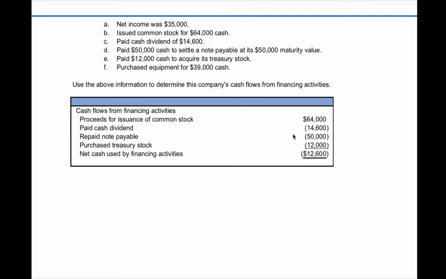Then when we sum all those up, just like you saw in the previous slide, that would total out now to financing activities, net cash used.